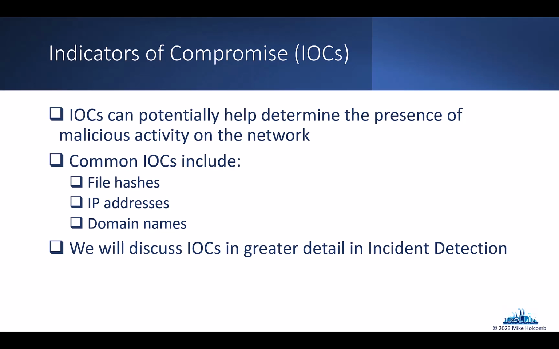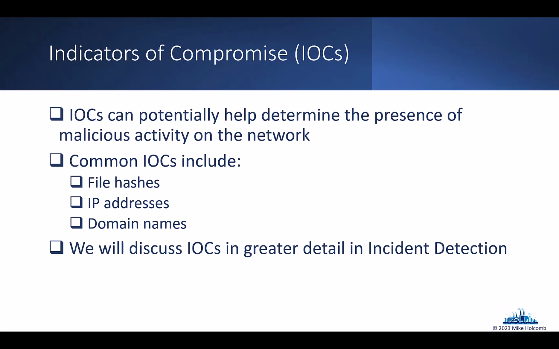So we mentioned this idea of indicators of compromise earlier, things like IP addresses or domain names or file hashes, right? The idea is that you have this sign or evidence that an attacker was using this IP address or this domain name or maybe this specific malicious file with this one specific file hash.